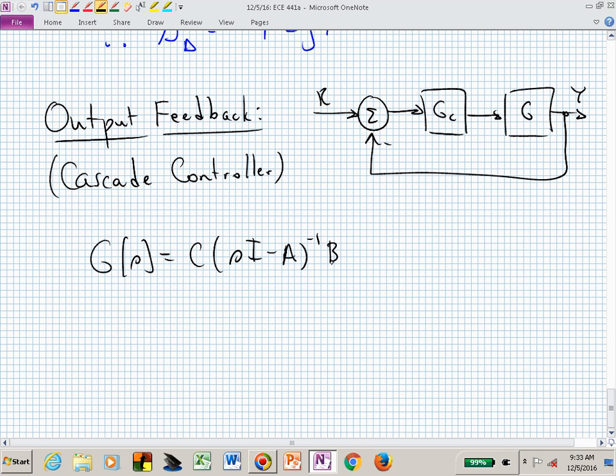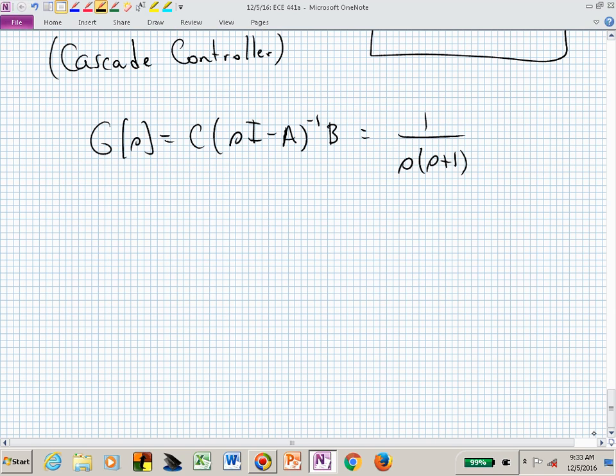and our G of S you could always find from the state space model, but we've already done that, and this was 1 over S times S plus 1. Do you remember how to type this system? What's the system type? G of S equaling 1 over S times S plus 1 is what kind of a system?